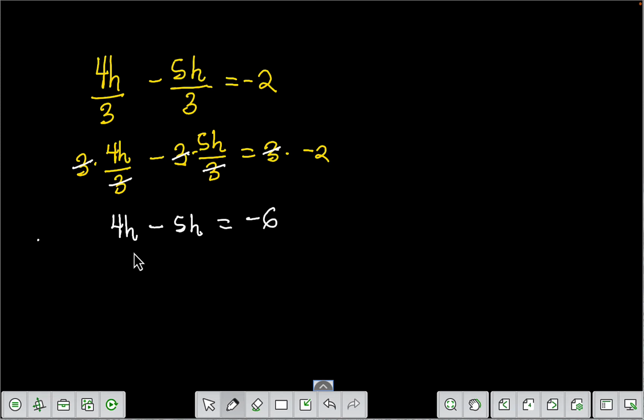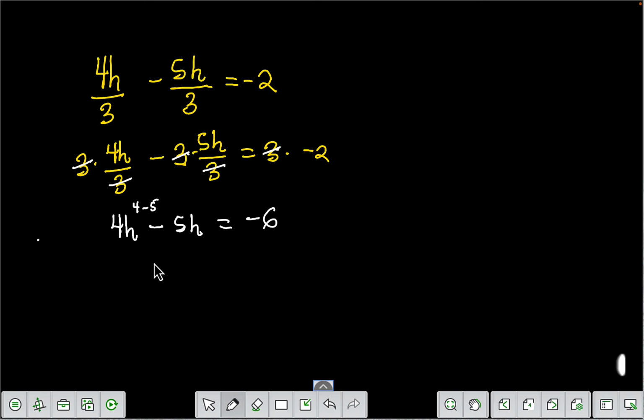Right, so 4h and 5h are like terms because their literals are the same, h. So this 4h minus 5h is literally the same as saying 4 minus 5, which will give us negative 1. We said that when you subtract a positive from a negative, look at their absolutes. If the absolute of the negative is greater than the absolute of the positive, the result should be negative.